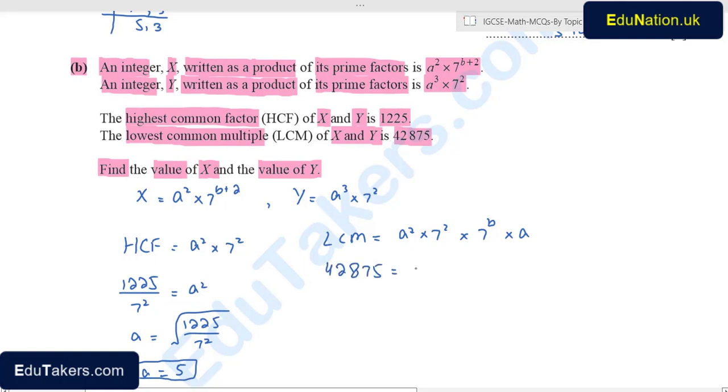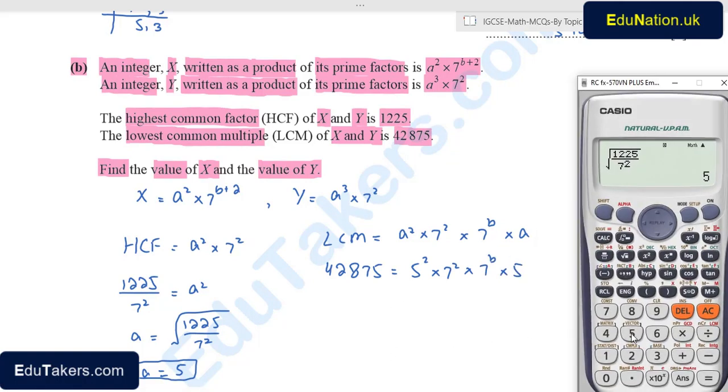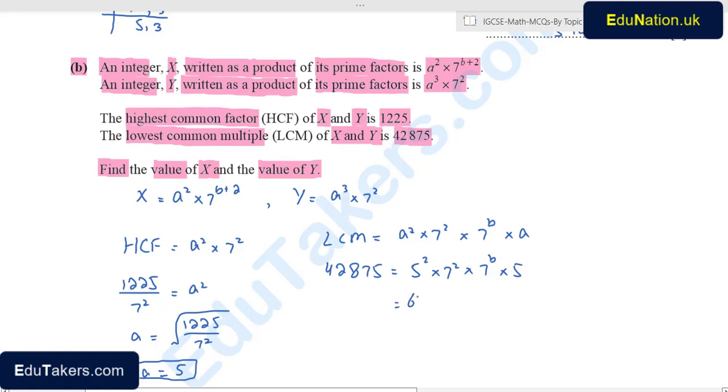Value of a is 5. This will be 5 square times 7 square times 7 raised to power b times 5. 5 square times 7 square times 5 is 6,125 times 7 raised to power b.